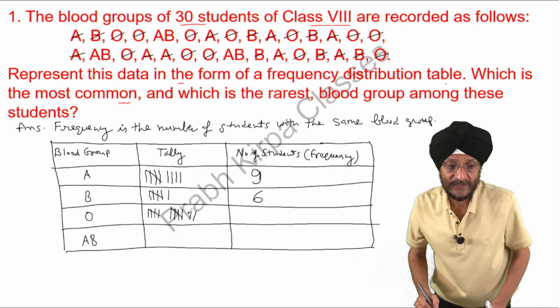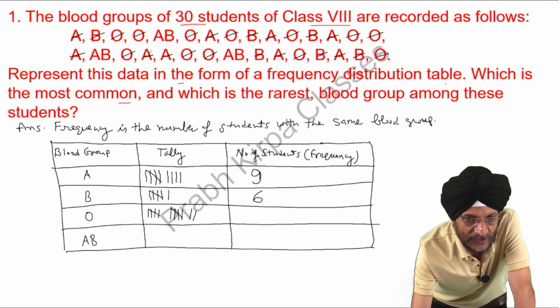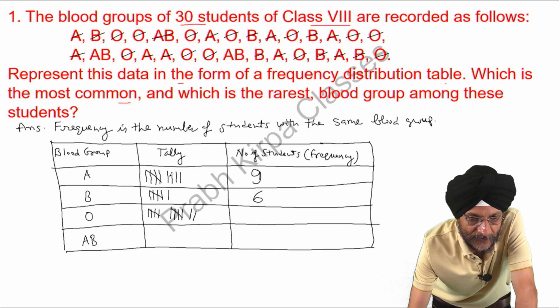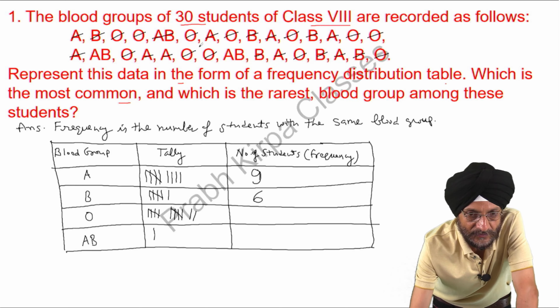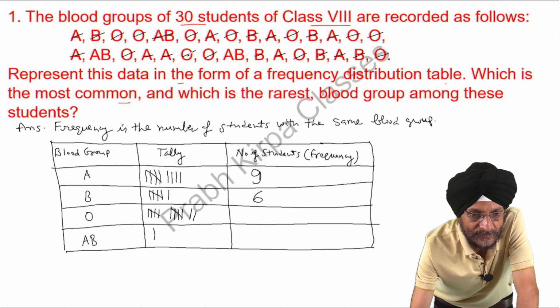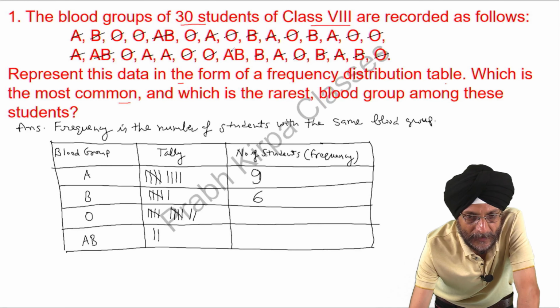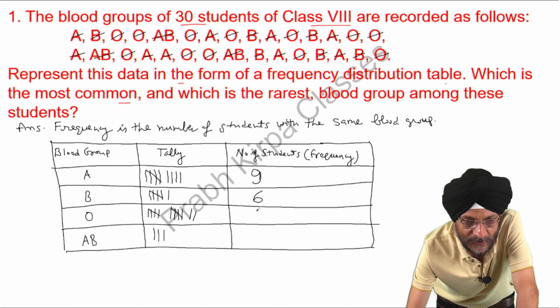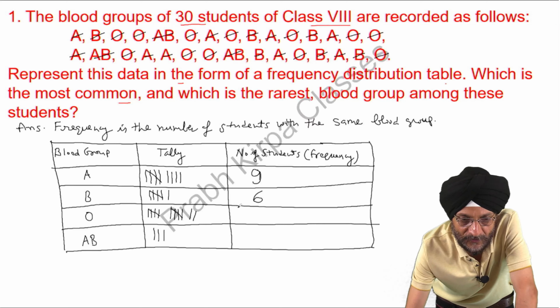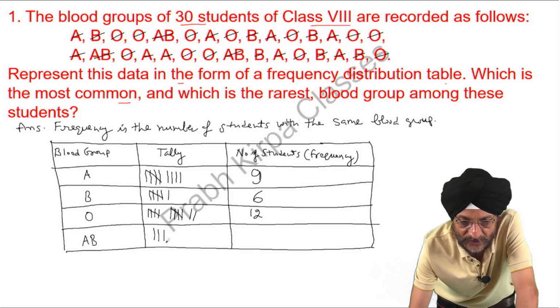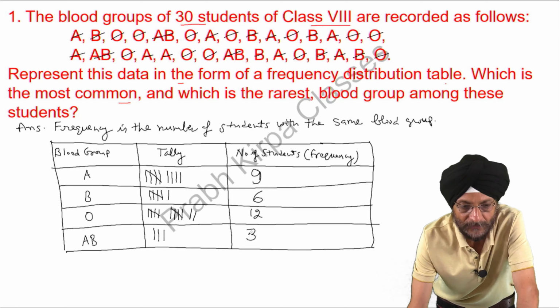Now what is the balance? It is AB blood group. Let us count the same: 1, 2, and 3. These were blood group O. The number of students were 5, 5, 10 plus 2, 12. Now here, AB are only 3.